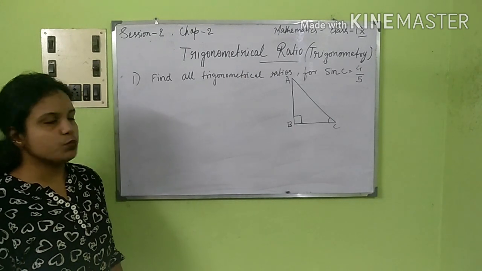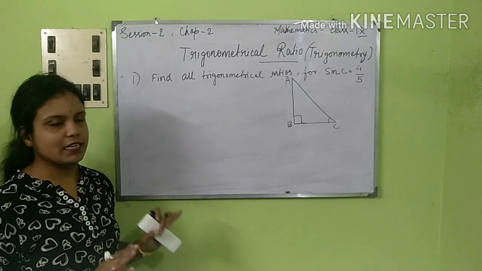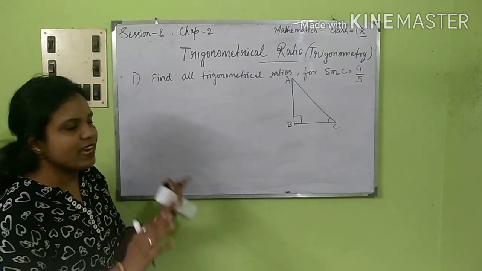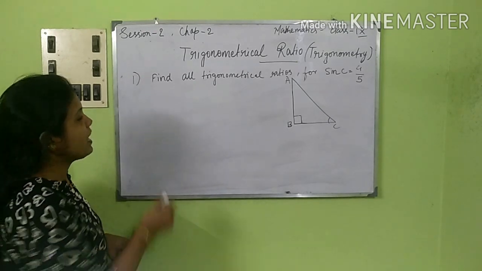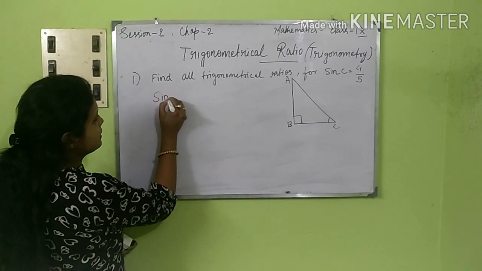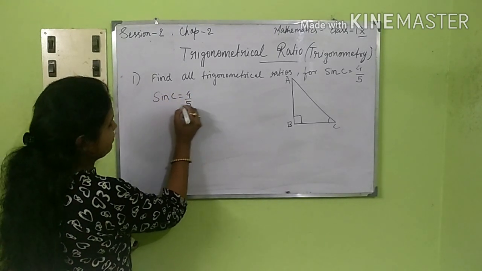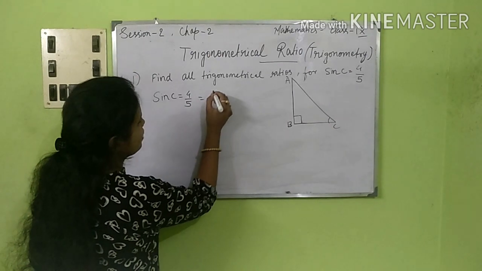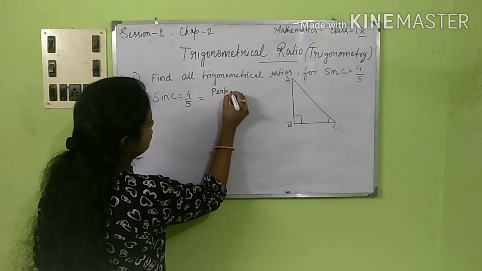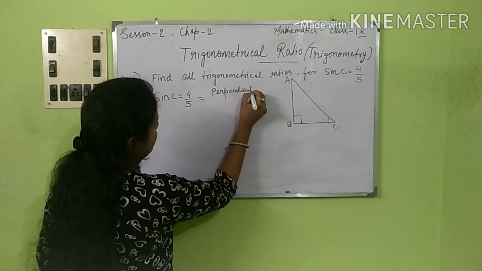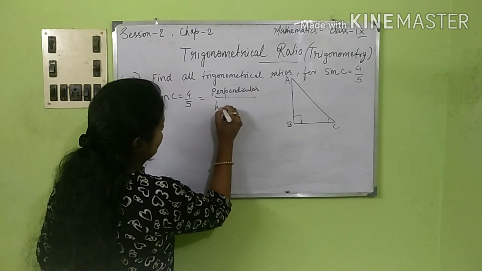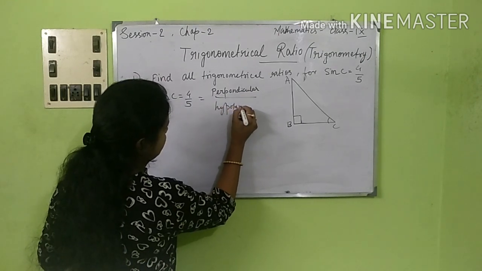So sine means what? We have already seen that sine means perpendicular by hypotenuse. Let me write the answer. Sine C is equal to 4 by 5, right? That means that is equal to perpendicular by hypotenuse.